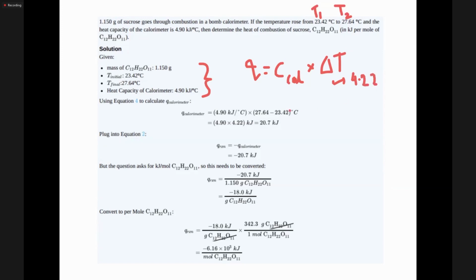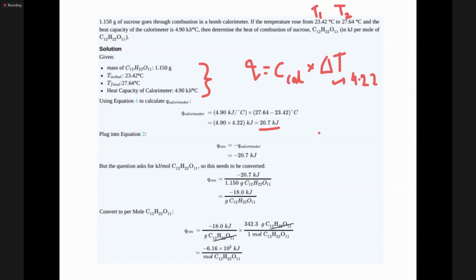So simply we multiply 4.90 and 4.22. We have 20.7 kilojoule.